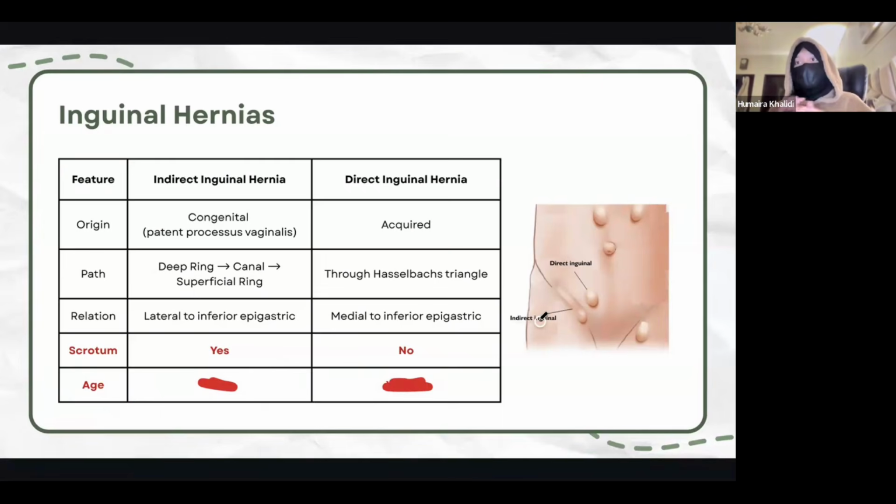If the age of the patient is more, let's say he's 70 to 80, that's a direct hernia, sorry. That's a trick that everyone uses everywhere. Okay? So if it's a young patient, indirect. If it's an old patient, direct.